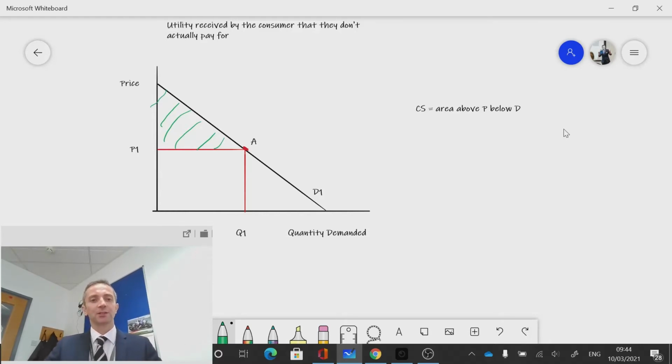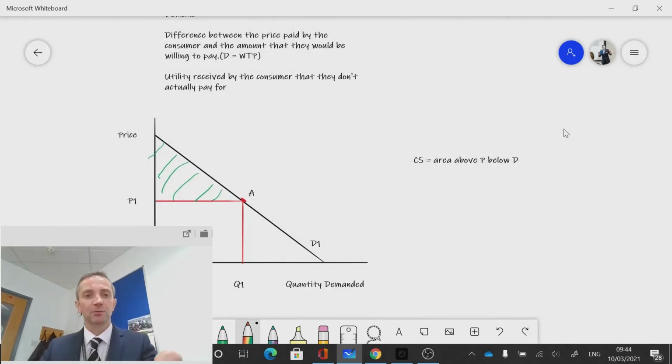Now, why is that a surplus payment? Well, you can see that in this instance, Q1 units are demanded at a price of P1. But actually, if you ask this particular individual, how much are you willing to pay for the first unit? And there I'm using that phrase, willingness to pay.